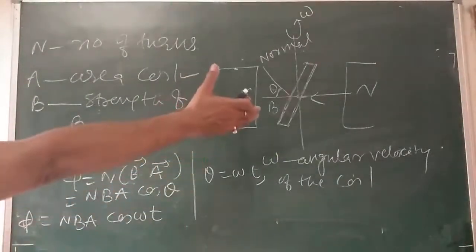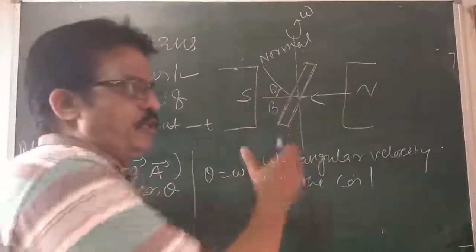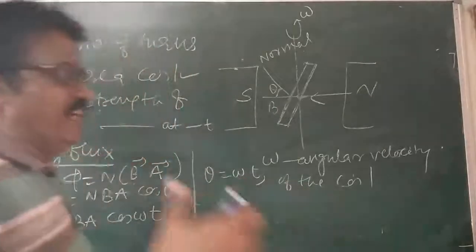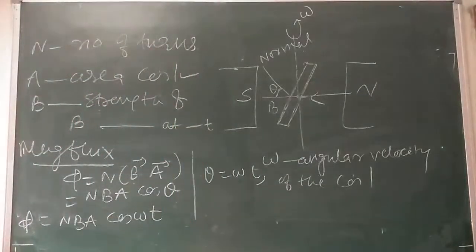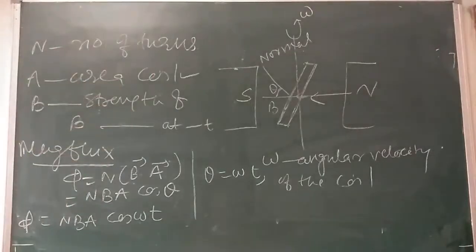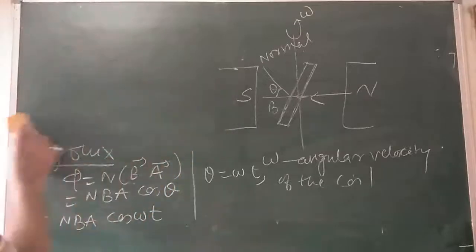As the coil is rotated, theta changes. When theta changes, therefore the magnetic flux linked with the coil changes continuously. Hence, as the magnetic flux changes, an EMF is induced in the coil.